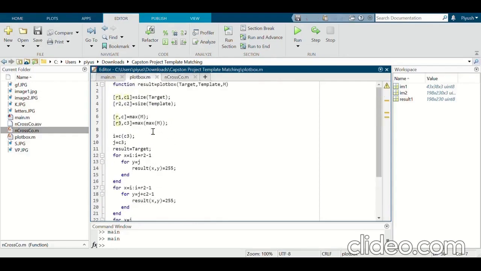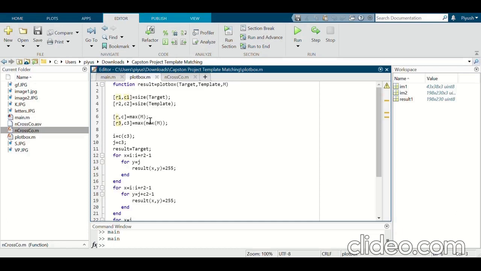So now let's see what plot box is doing. It is also storing the size in row form and column form, and then what it is doing is RNC. What is RNC? What is AM? AM contains the cross correlation coefficients of my target image and template image.